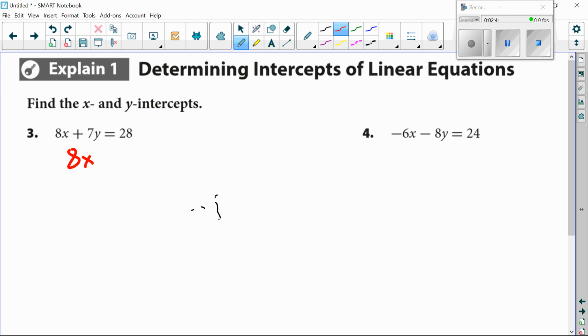I have 8x is equal to 28. Then I divide by 8, and x is equal to 28 over 8. And when I simplify that, that's going to be 7 over 2. So the x-intercept is at 7 over 2.